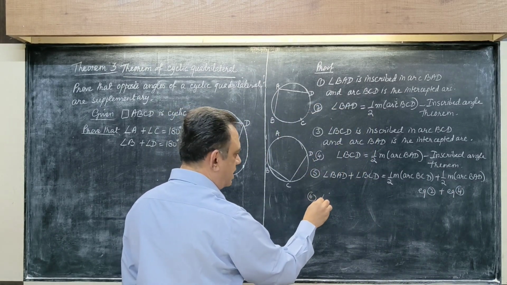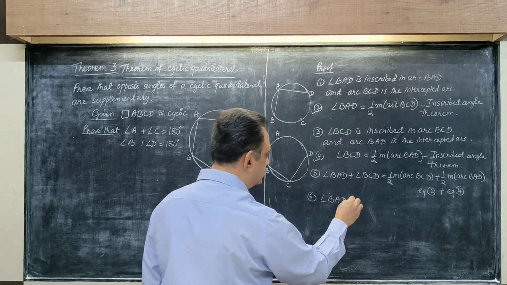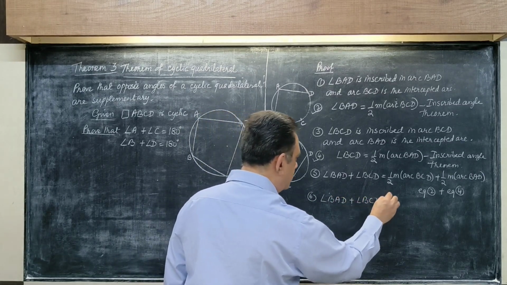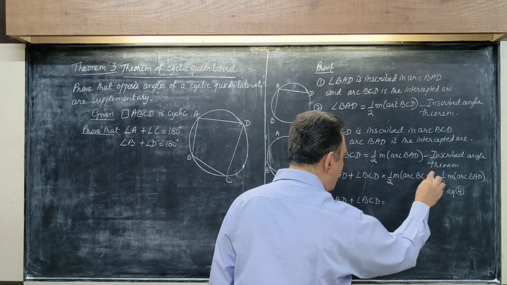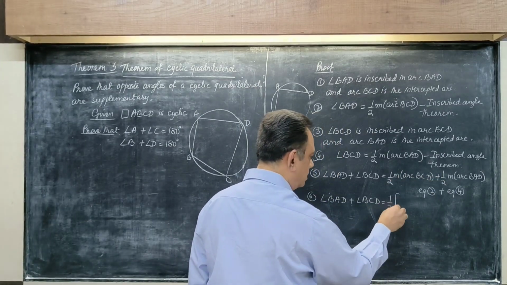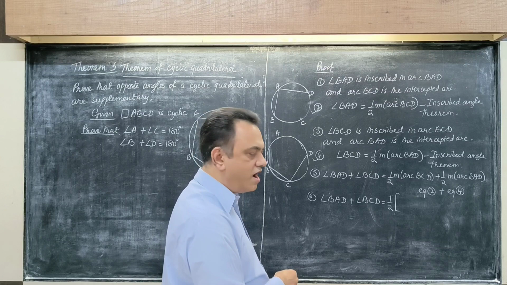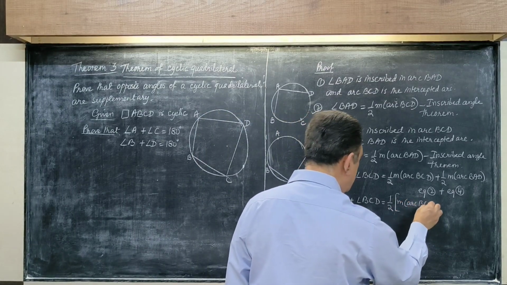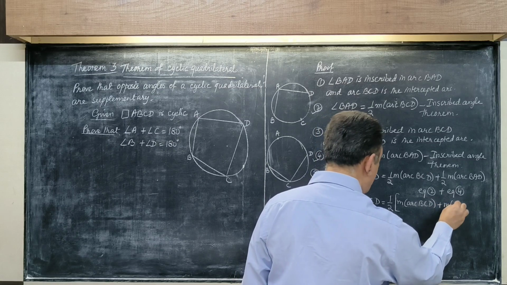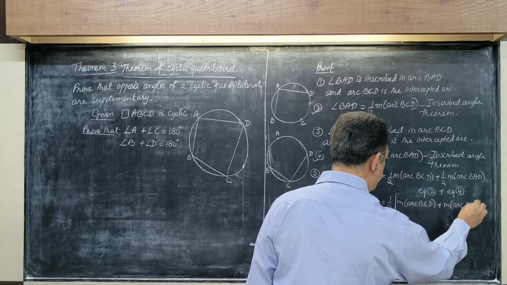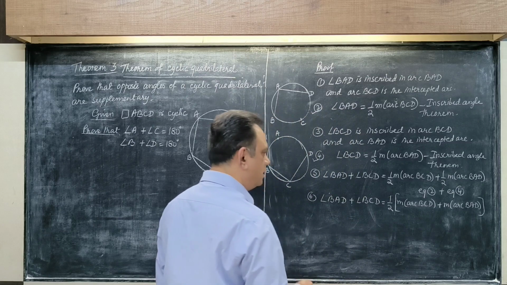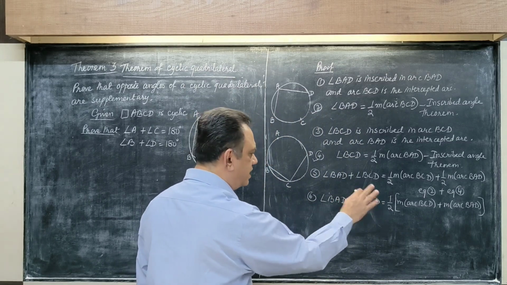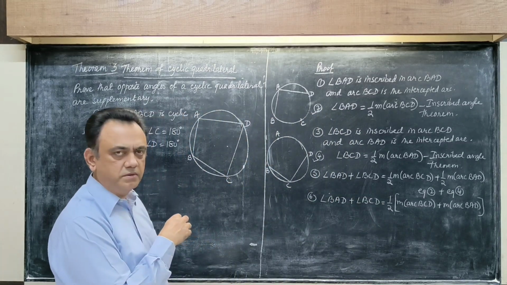Sixth step: angle BAD plus angle BCD. Here I take out half common. When I take out half common, measure arc BCD plus measure arc BAD. Half is common. In this step, I've just taken out half common.